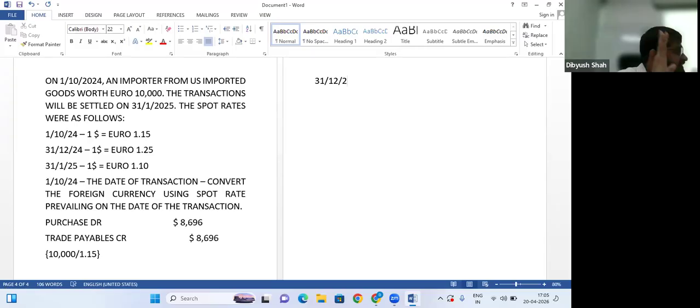So on the balance sheet date, if the transaction is unsettled... If it is settled by the balance sheet date, then this entry is not required at all.